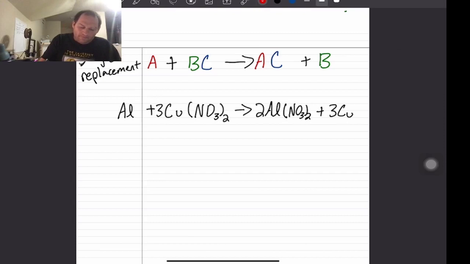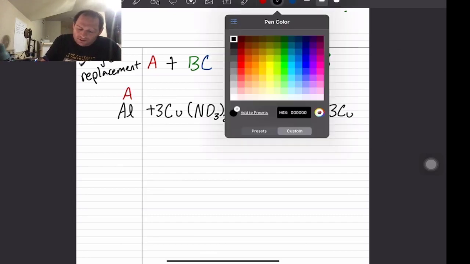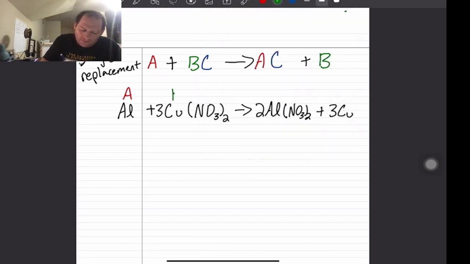All right. So this is my A. My Cu will be my B, and my NO3 will be my C. Notice it doesn't have to be just one element, it could be a compound, things that are bonded together.